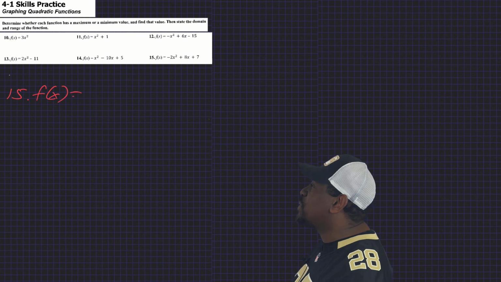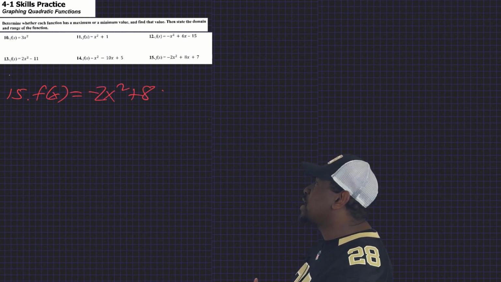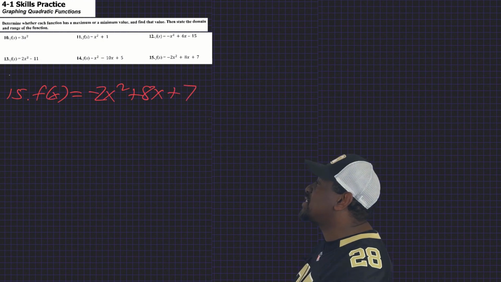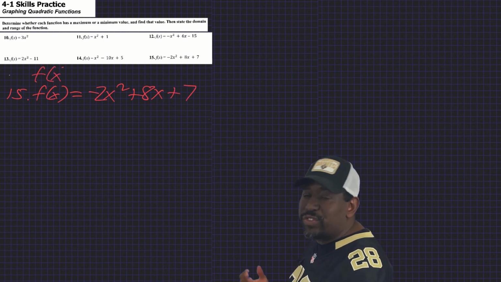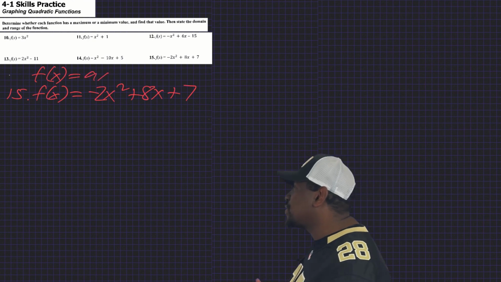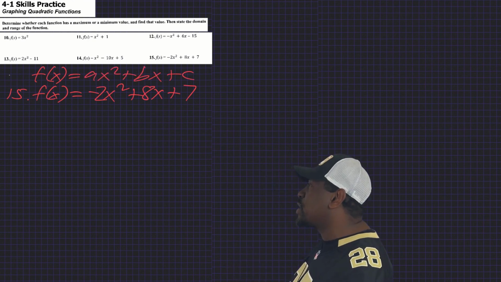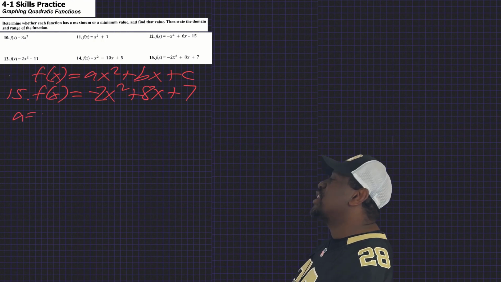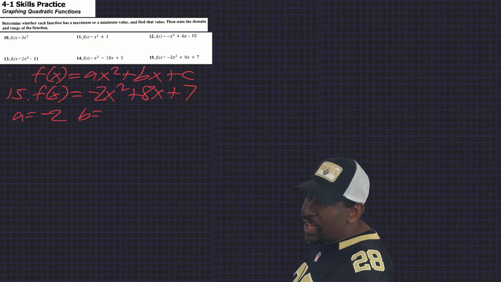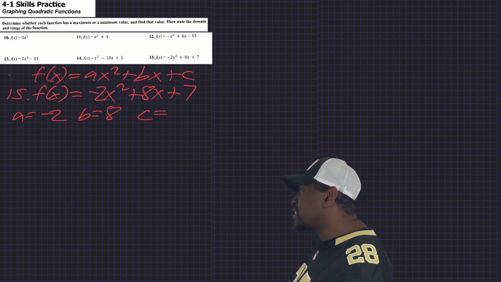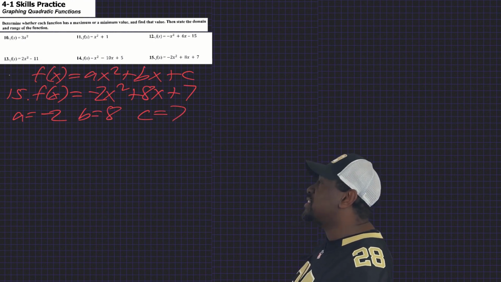Okay, last problem here. f of x equals negative 2x squared plus 8x plus 7. So again, what do you think we're going to do first? We're going to write the general form of the quadratic, ax squared plus bx plus c. As we normally do, we will pull out a, b, and c. a is negative 2, b is 8, c is 7.